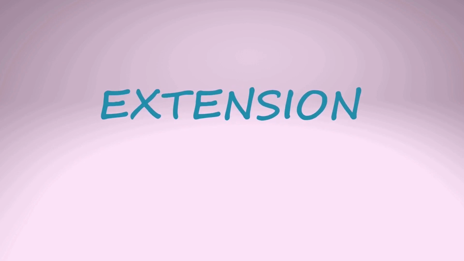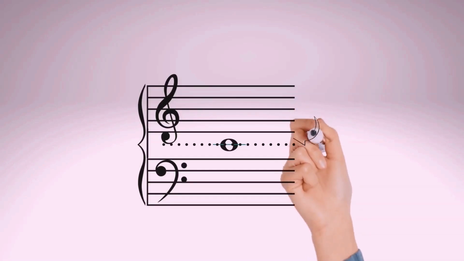Ledger lines are an extension of the staff. Mid C is placed on a ledger line. If we make this line longer, we're gonna see it forms 2 more spaces, one on top and one below.